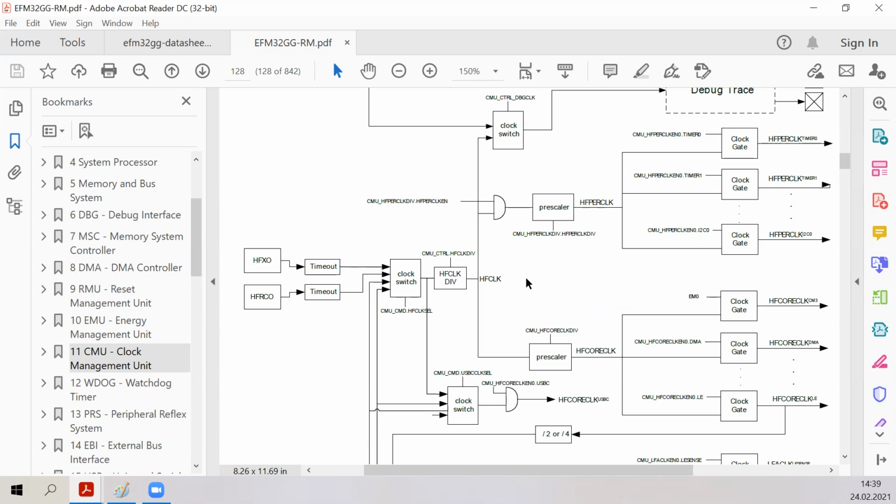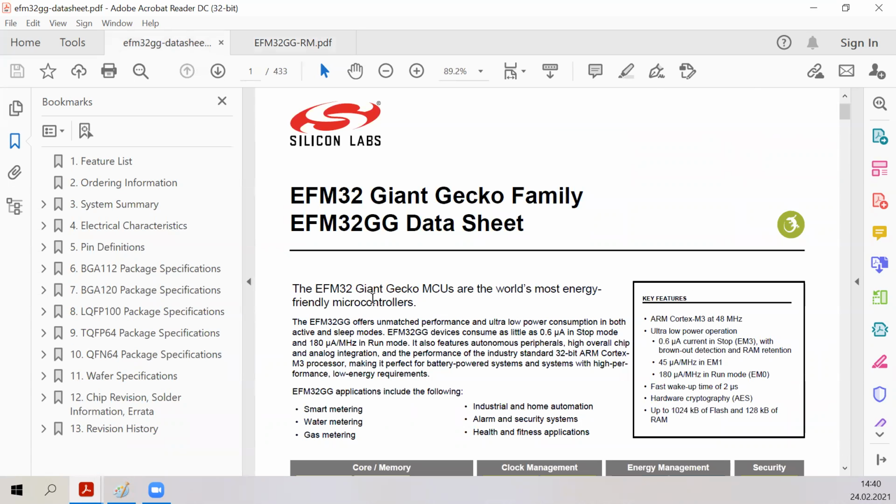But as soon as we want to use battery as our primary energy source, we don't want our high frequency core to be running all the time because it consumes energy. How much energy it consumes, we can check out in the chip's datasheet.